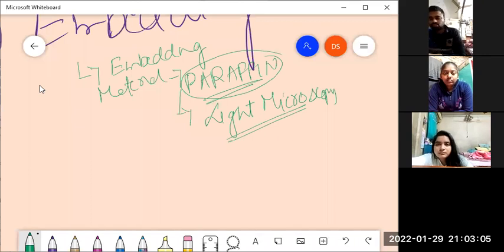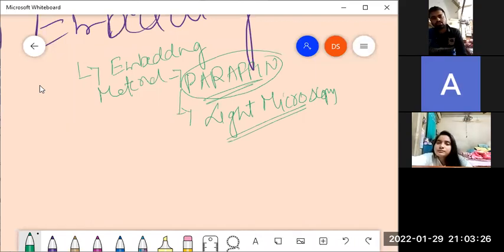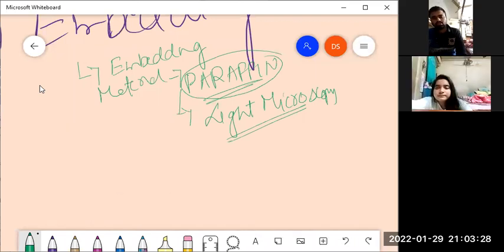Understood? Now, the most common microscopy is the light microscopy because it is relatively the most cheaply available microscope. Being light microscopy the most common, paraffin as the embedding material is thus also the most common. Right? So how do we embed this?